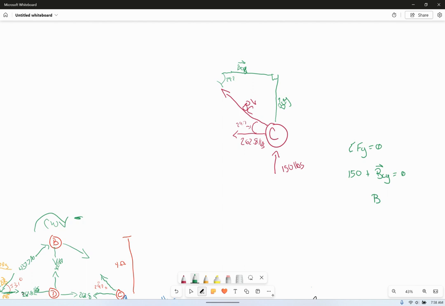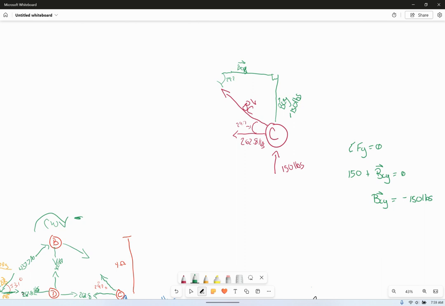That means my BCY has to equal negative 150 pounds. Which makes sense because instead of going up, it's going to be a go down. So this again is showing us that we assumed incorrectly, and that this member was in tension, because it's a go down. Once I've got a negative number, all the rest of my numbers have to be negative.